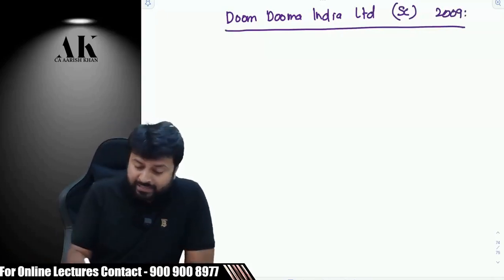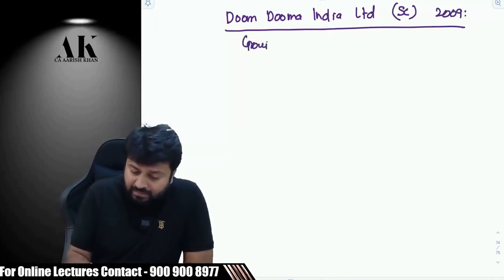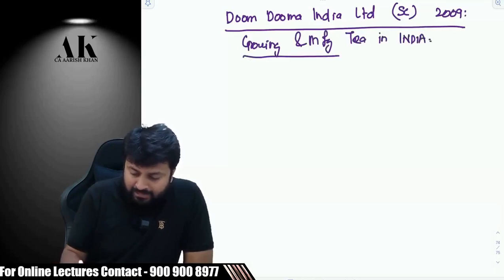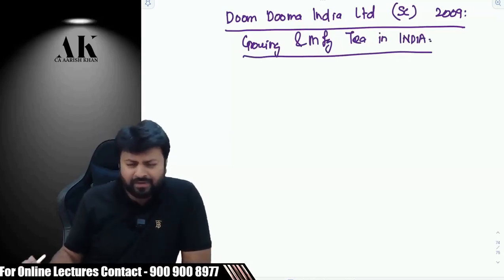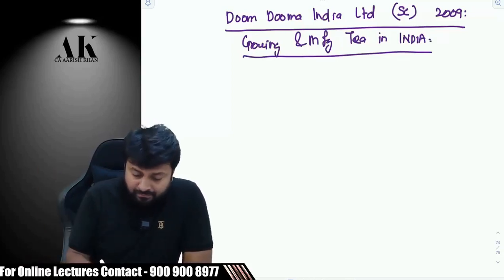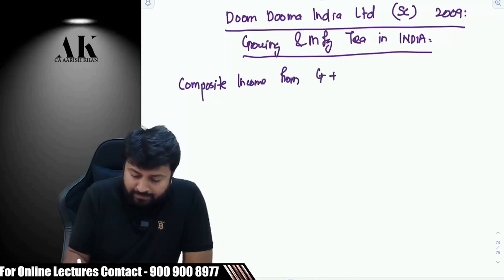The assessee was engaged in growing and manufacturing tea in India at a very large scale. Therefore, the composite income of the assessee from growing plus manufacturing was around 3,000 lakhs.